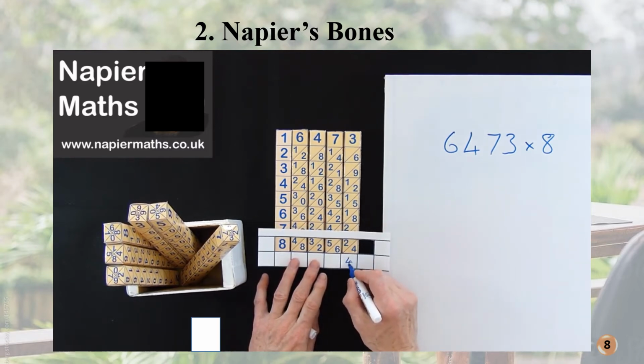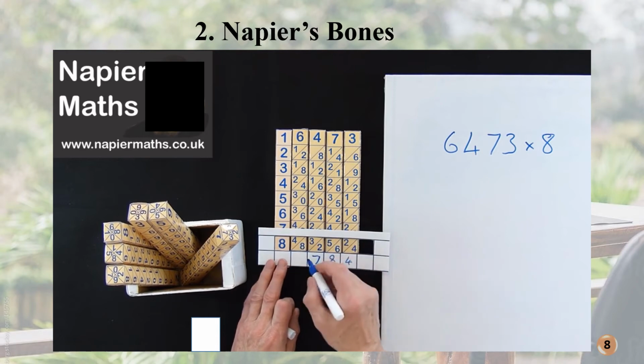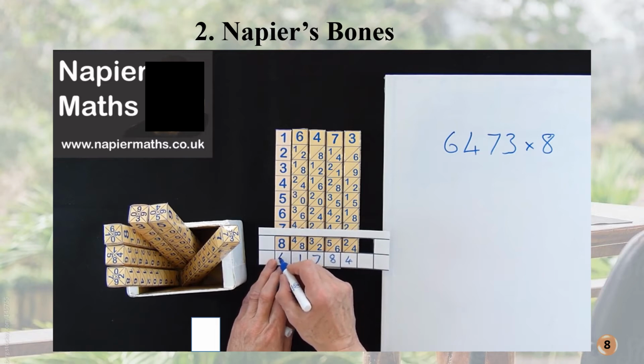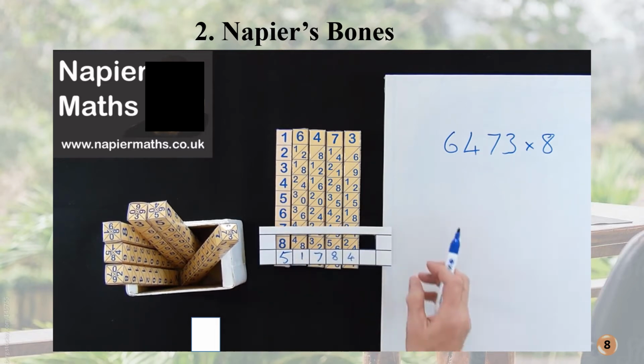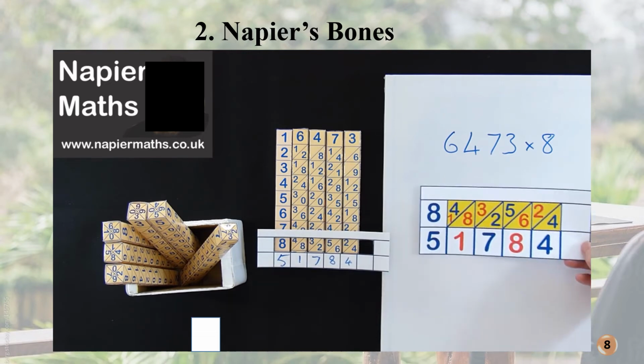So you get 4 there, 2 plus 6 gives you 8, 5 plus 2 gives you 7, 8 and 3 gives you 11, so that's 1, carry 1, and we get 5, so we get 51,784. Now I'd like to show it a bit bigger so you can see exactly where it's coming from.